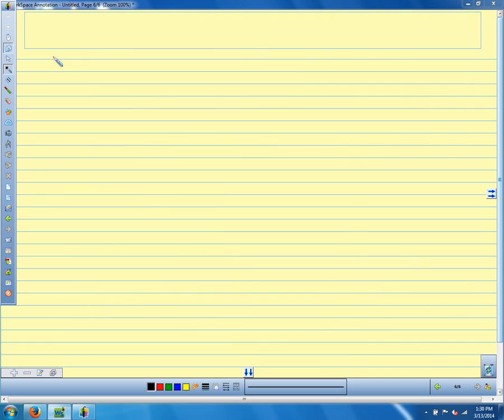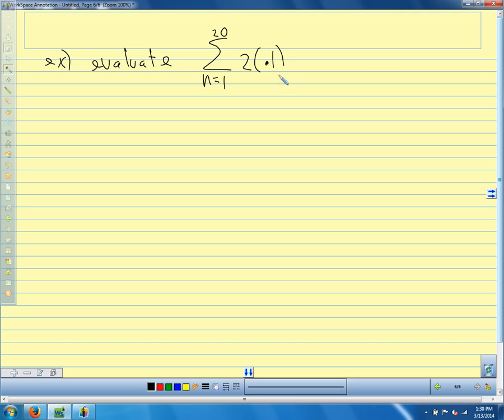So let's say we want to evaluate the sum, sigma notation, that's what this is called, just as a reminder, n equals 1 to 20 of 2 times 0.1 to the n. So this would be the sum of 20 terms, the 20th partial sum. Those would be a couple of different ways that this could be asked.